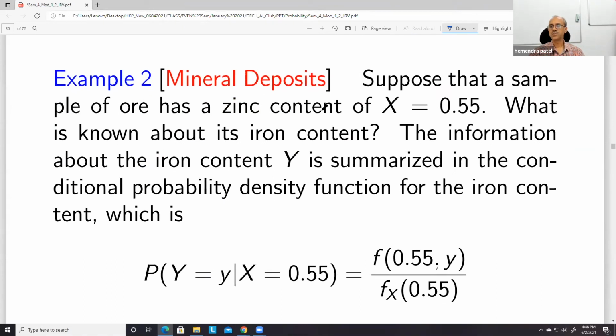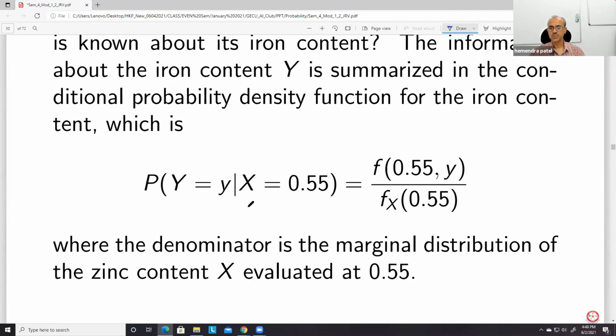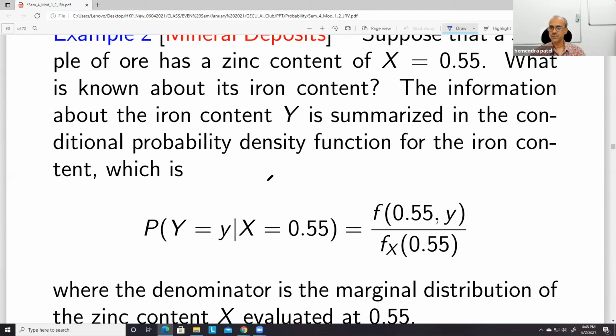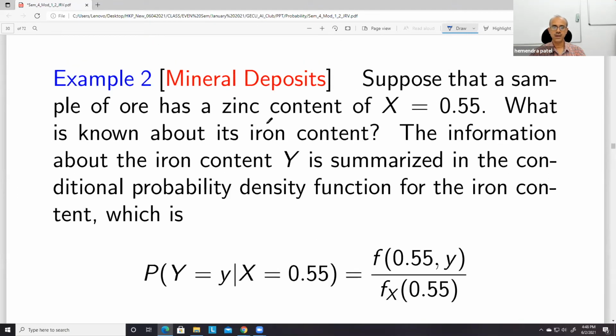Now the mineral deposit case you can also find. Suppose we have put the condition x is equal to 0.55. Now what is x? X is the percentage of zinc content in the ore.